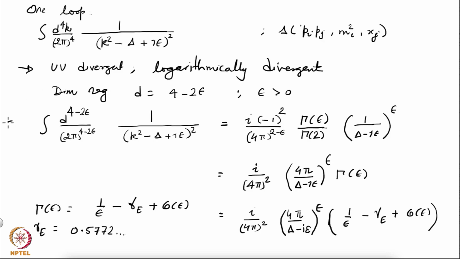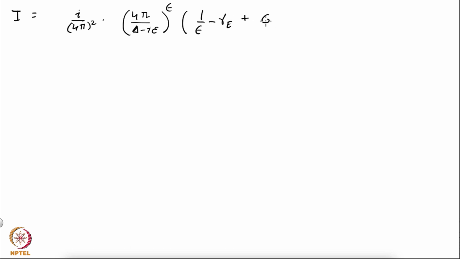No. So let's call this I. So I is equal to, I have found that it is i over 4 pi squared times 4 pi over delta minus i epsilon, raised to the epsilon, and this I wrote already, 1 over epsilon minus Euler gamma plus order epsilon. So this is i over 4 pi squared times this one.